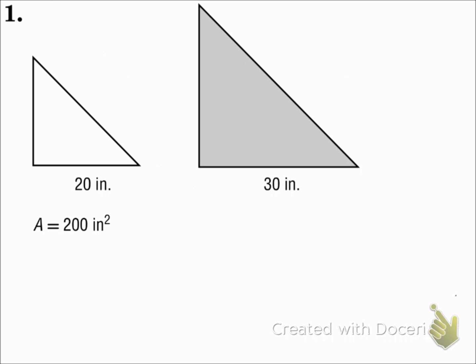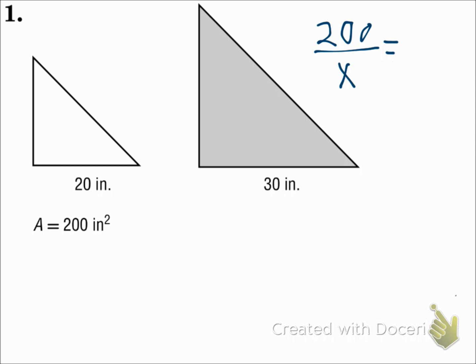To find the area of the shaded figure, you need to use a proportion. For the proportion, first set up a fraction with the areas. Area of the left is 200. Area of the right is what we don't know. Make that equal to a fraction using side lengths.